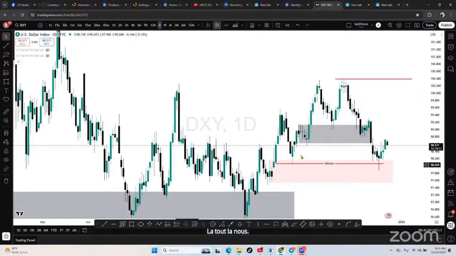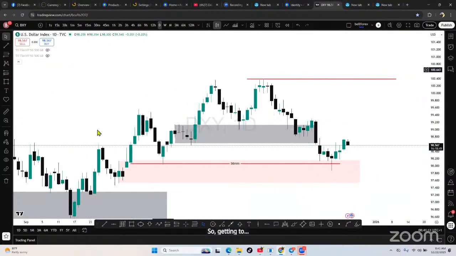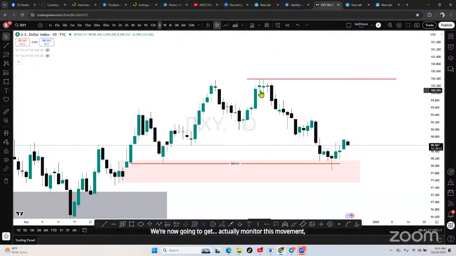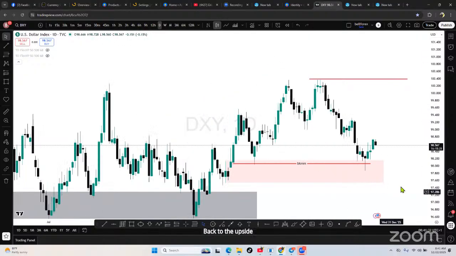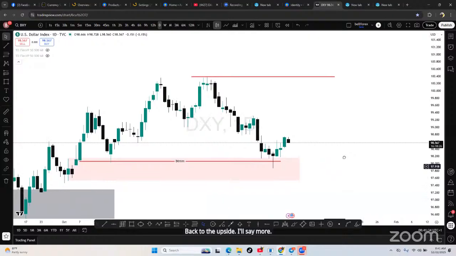So, getting to our POI, we're now going to actually monitor this movement back to the upside. So we are going to be monitoring this movement back to the upside. Et en ce moment, qu'est-ce qu'on doit faire?